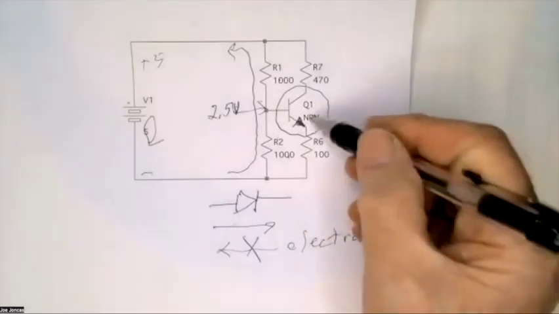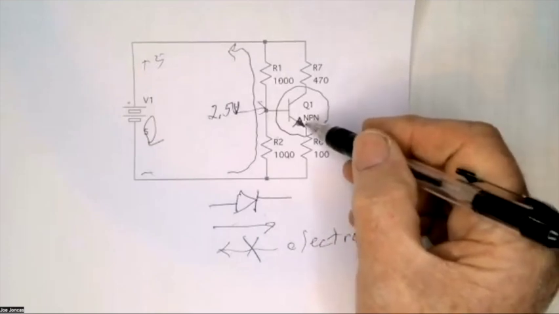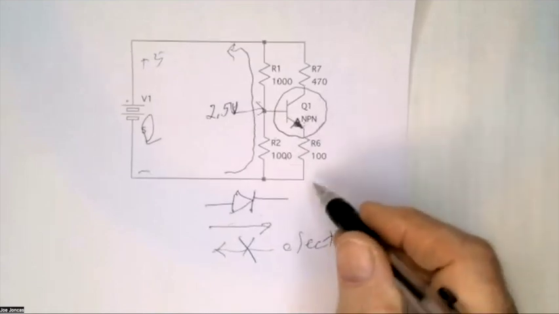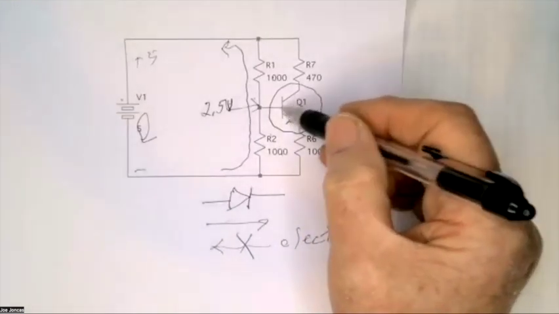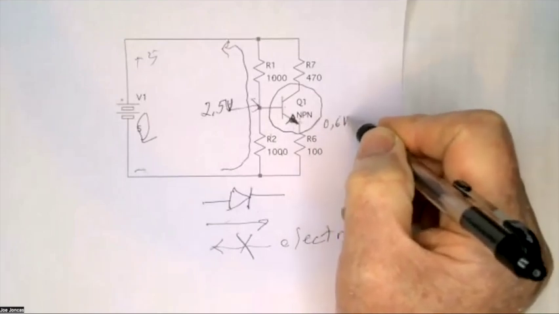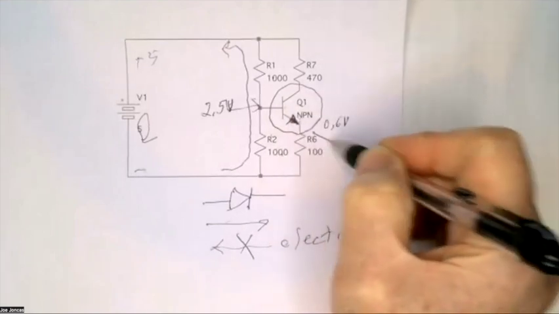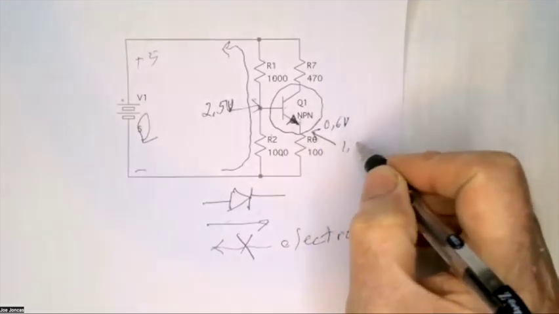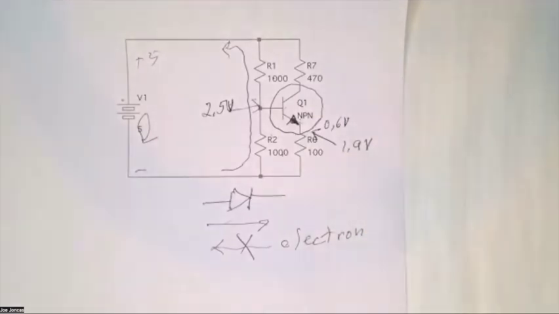We're going to call it a silicon NPN transistor, which means this junction here drops about 0.6 volts. So this point right here will be 1.9 volts.